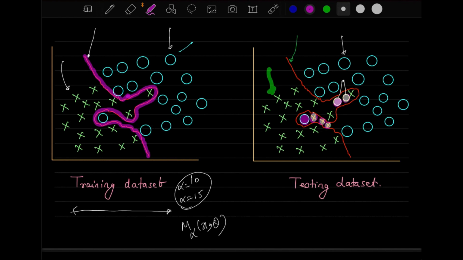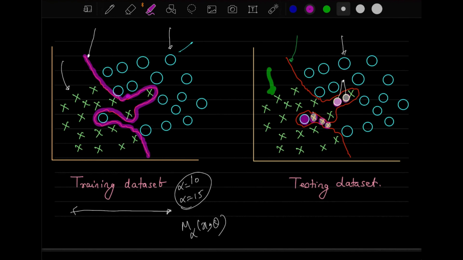So the overfitting complexity is misclassifying these test points. That's why we don't want this type of over complex model, because these test points are to be properly classified as 0 and x, and not as x and 0.